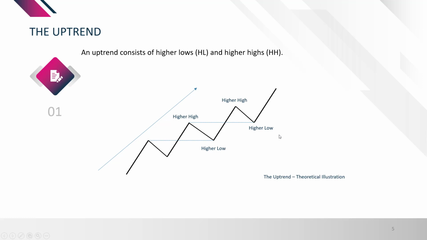That is a clear signal for you to say that, okay, market is in an uptrend. Each and every higher high, we've got one here and it was broken here, formed another new higher high, it was broken here, formed another new higher high which was broken here. So this is a representation of an uptrend.